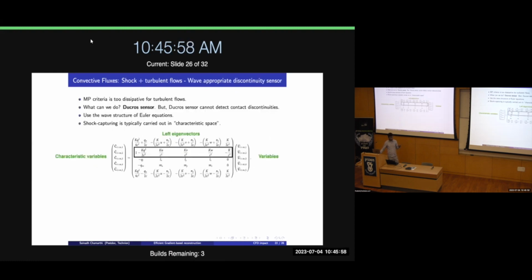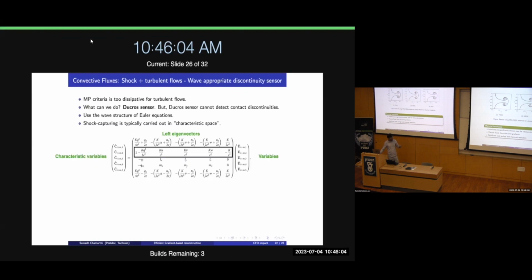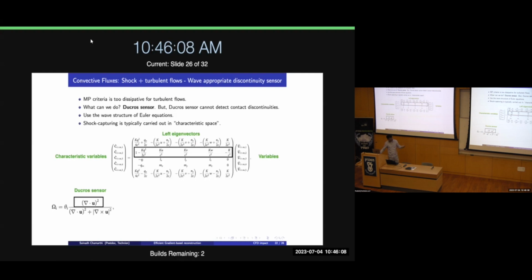Finally, these are standard test cases, but we want to do shocks and turbulent flow simulations. Next slide. Okay. The MP criteria that I have shown in the previous slides is too dissipative. It gets activated too much and it might kill the turbulence. So we use the Ducros sensor, but we know the Ducros sensor cannot detect contact discontinuities.